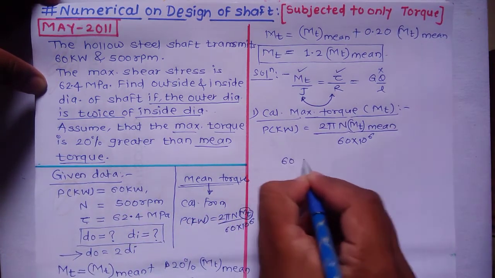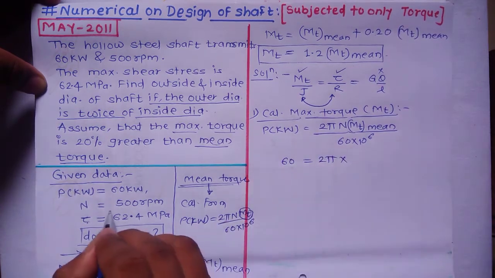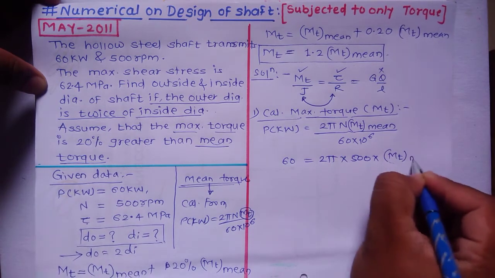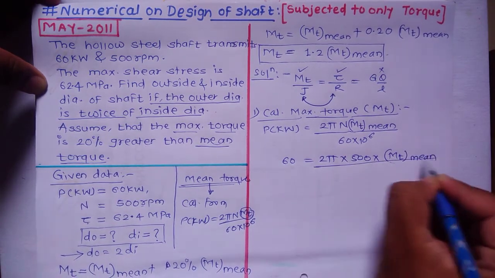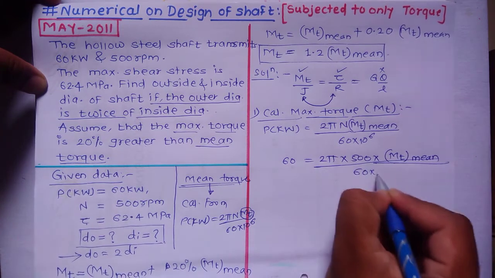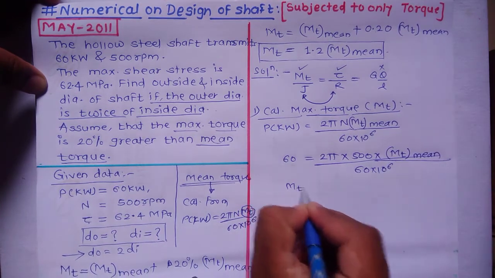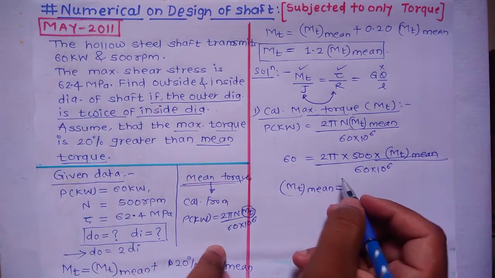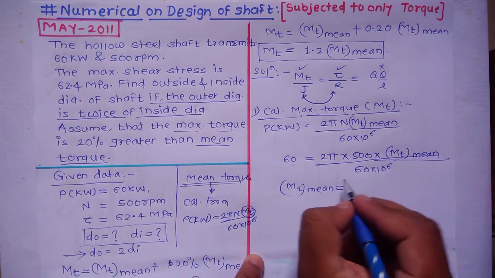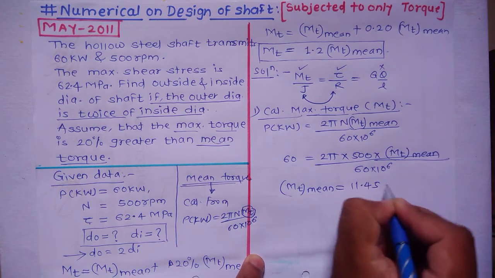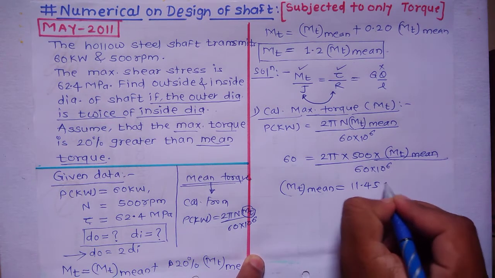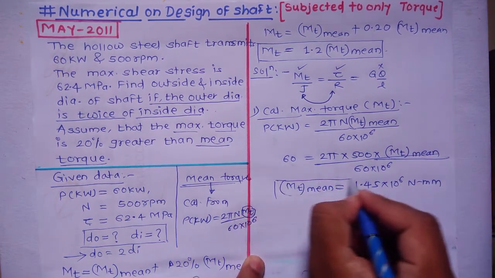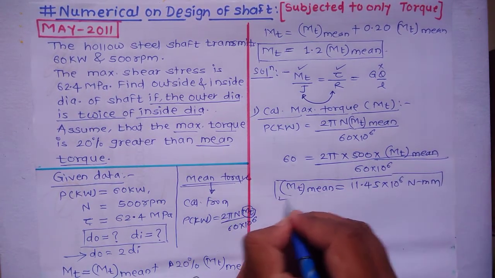It is 60. 2 pi into n is 500 into Mt mean, that is mean torque, upon 60 into 10 raised to 6. If you calculate this mean torque, you will get the answer 11.45 into 10 raised to 6 Newton mm. Whatever torque we get here, that is mean torque, its unit will be Newton mm.